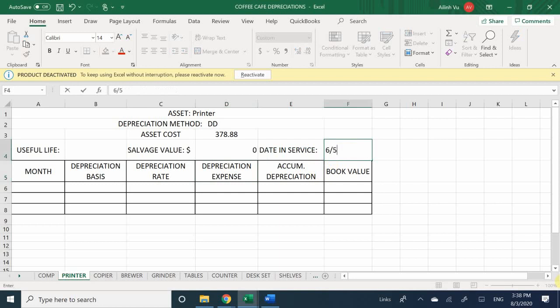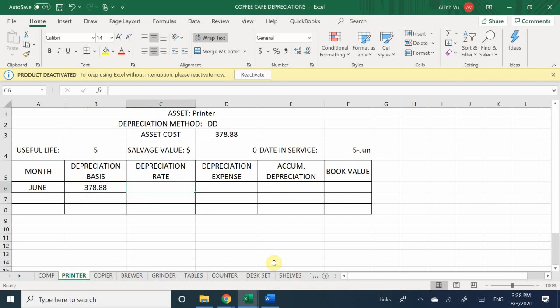We have June 5th that we bought the printer in, and the estimated useful life is 5 years. We know it's June, so what's the depreciation basis? 5 times 2 equals 0.4.